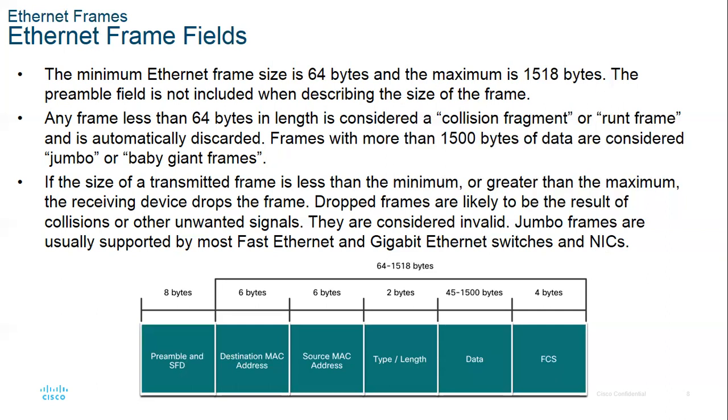The header will be made mainly of addresses, and the payload will be carrying data coming from the upper layer, or directly from the end user if we are on the application layer.